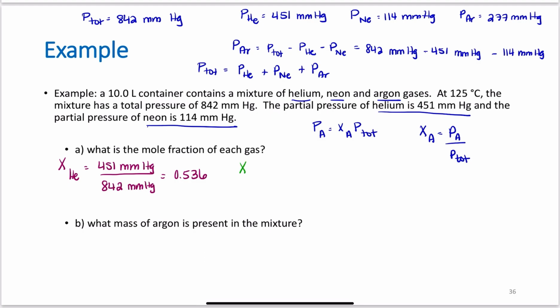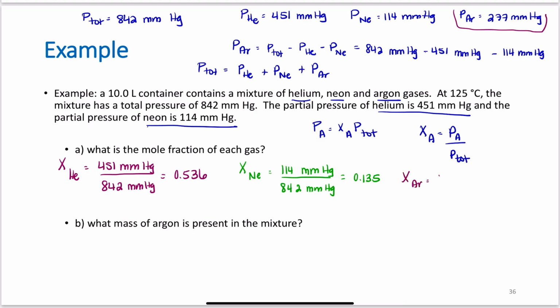My mole fraction of neon, 114 millimeters of mercury to 842 millimeters of mercury gives me 0.135. Again, no units. And because I did go ahead and calculate the partial pressure of argon, I can do the same thing.